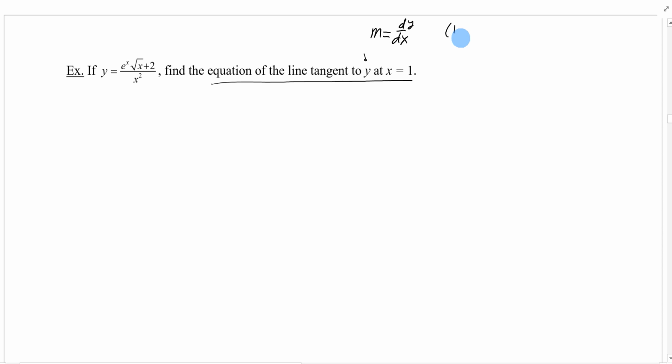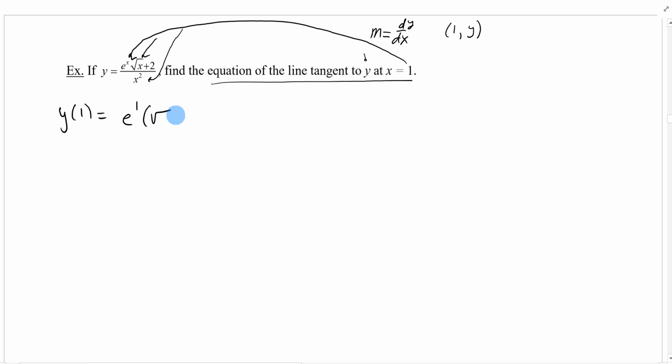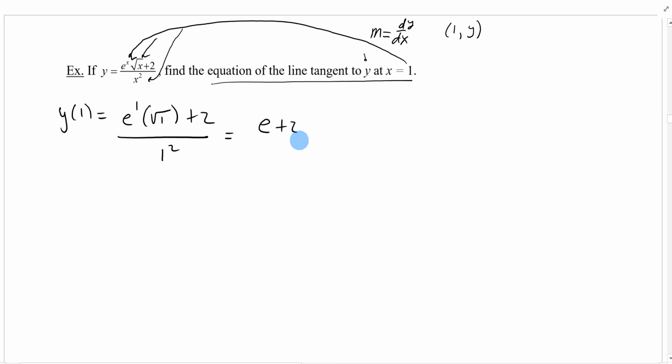So we have 1, comma, well, I don't know what y is, but if I plug in 1 into here, here, and there, I can figure that out. And that is e plus 2.